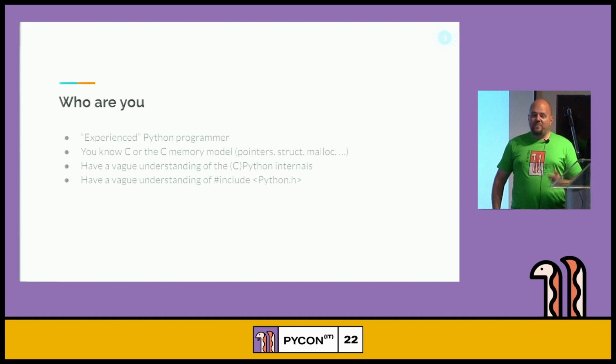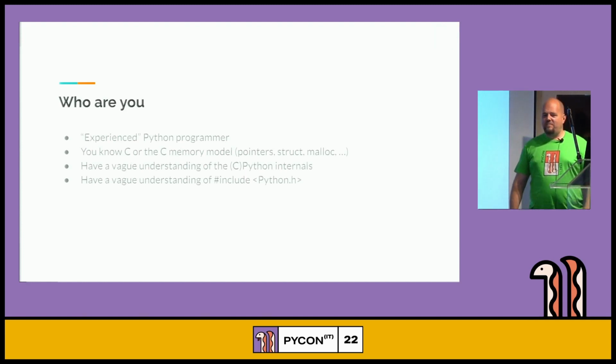Who are you? This talk is labeled as advanced, but it's hard to understand what the audience is. So I wrote this talk with the assumption that you have a vague understanding of what Python.h is: if you have to write a C extension by hand, how it works, what you have to do.